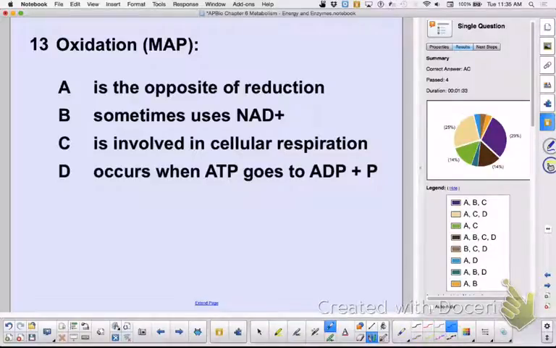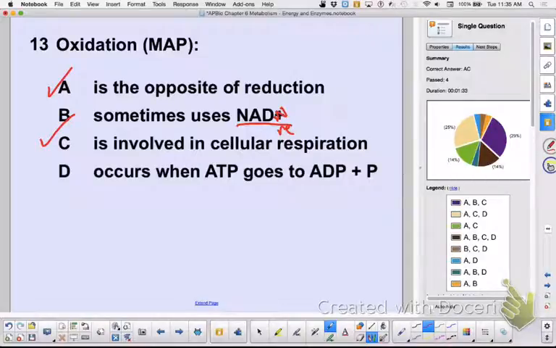Okay, oxidation, is it the opposite of reduction? Yes. Sometimes uses NAD plus. No, you can't oxidize something that's already what? Oxidized. If it was NAD reduced, then you could say that. Check with your biobuddy, make sure they understand that. I can't oxidize something that's already oxidized. Is oxidation involved in cellular respiration? Yes.